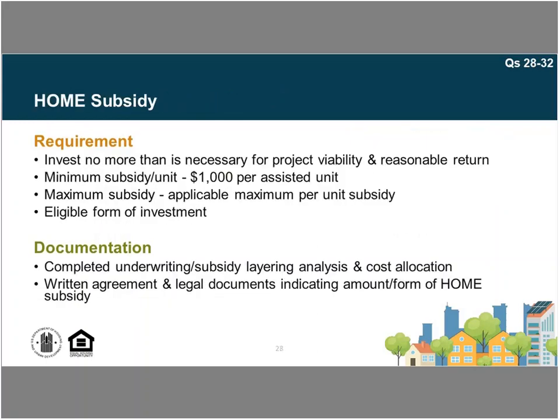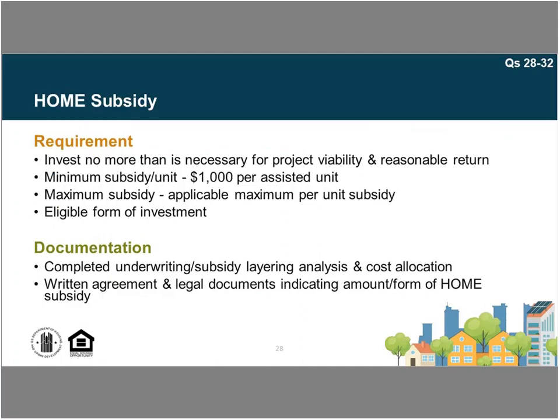The next thing that I want to talk about and build on, I already introduced the notion of minimum and maximum subsidies in the last slide, but I also want to come back to this other issue of that not only are you supposed to be within those program limits, but you want to invest no more than is necessary for project viability and for reasonable return to the developer.